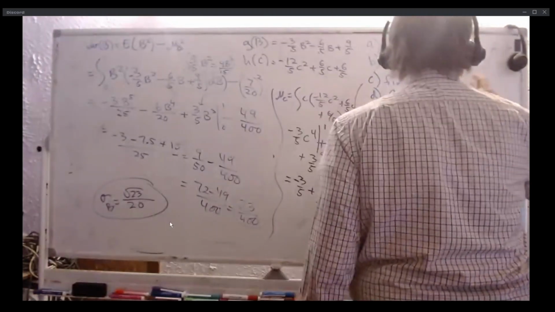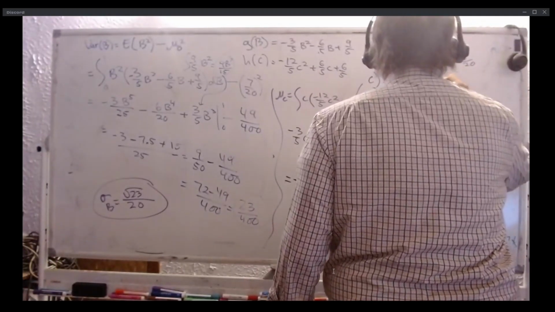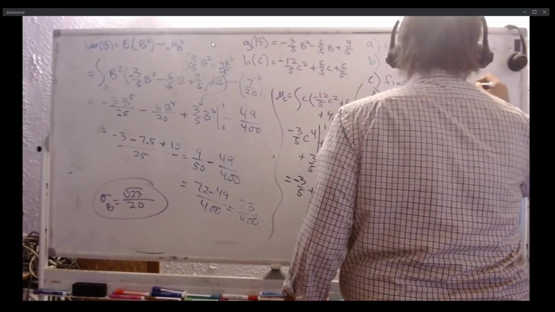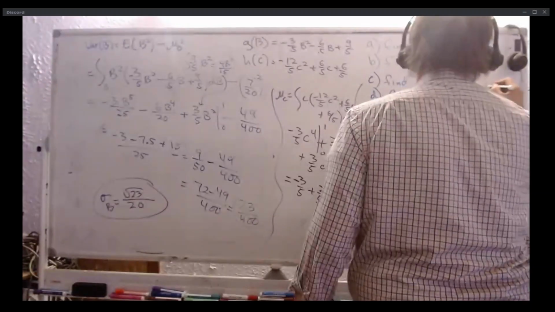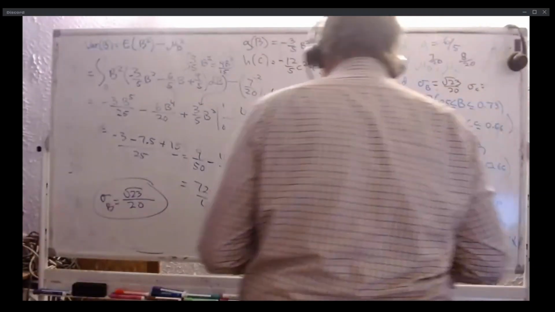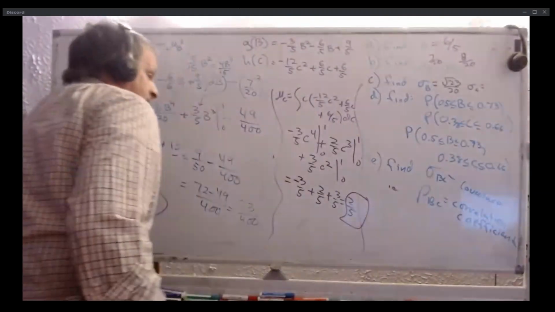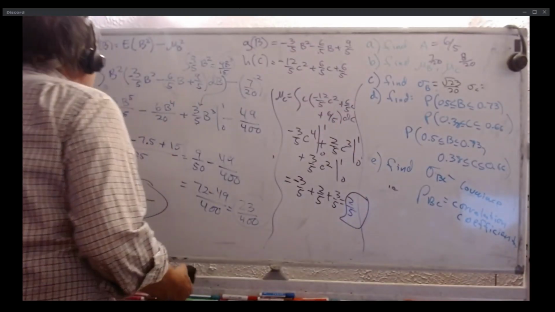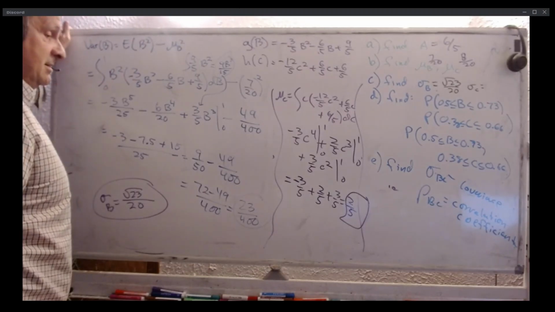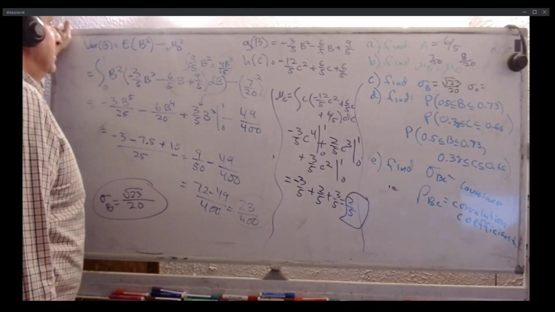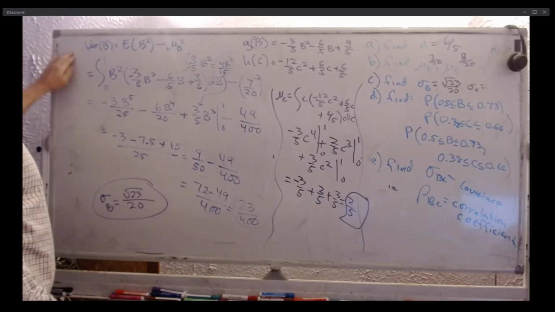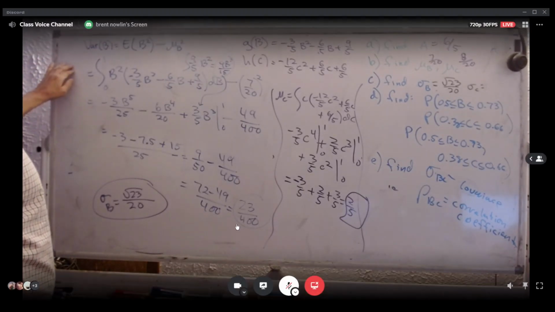Sigma B is square root of 23 out of 20, yes, no? Yep, that's what I got. So we have to find sigma C, right, guys? Okay, let's roll it. What can I get rid of? I think you just need to keep the scorecard on the right side.